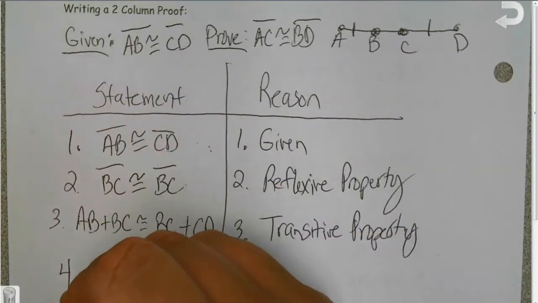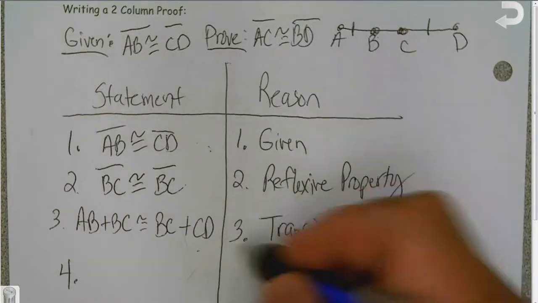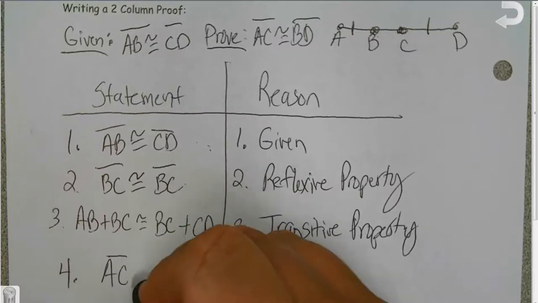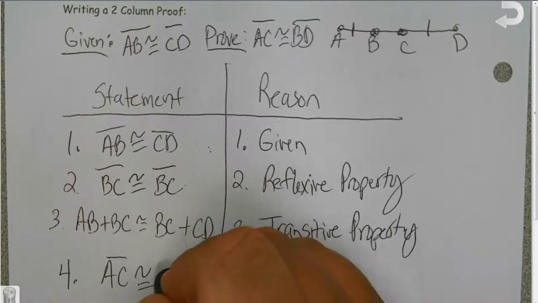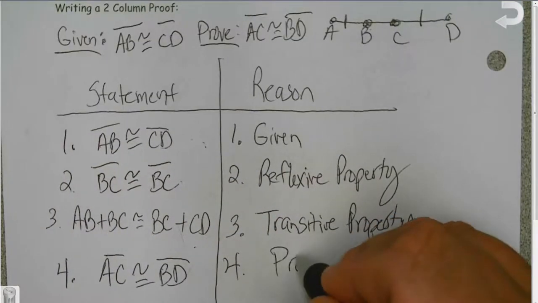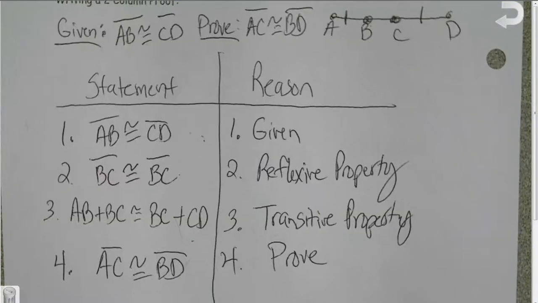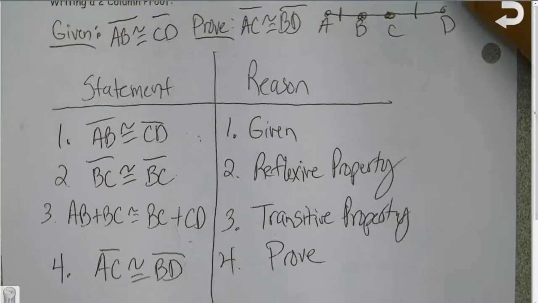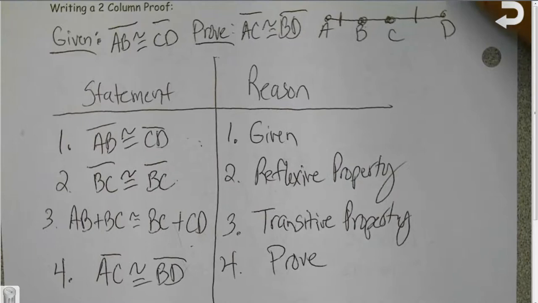And so then finally, we come up with the end, and that's the important part here. AC is congruent to BD, and now we've proven it. So we've given ourselves two additional steps to help us solve the problem. And that's how you write a two-column proof.